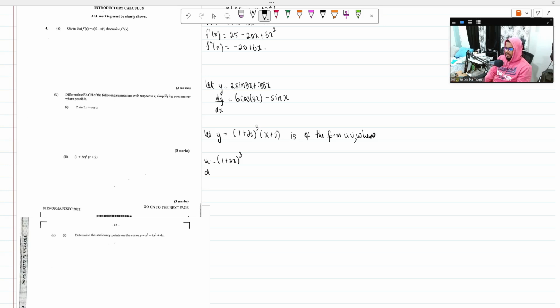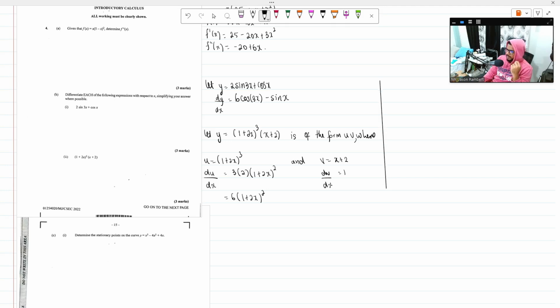And when we have a chain rule inside of a product rule, I can use the shortcut. This is 3 multiplied by 2 multiplied by 1 plus 2x to the power 2, which is 6 into 1 plus 2x all squared. And v is equal to x plus 2, and dv dx is equal to 1.